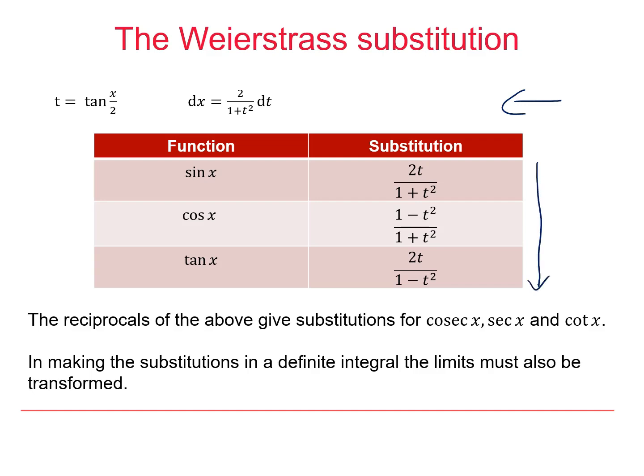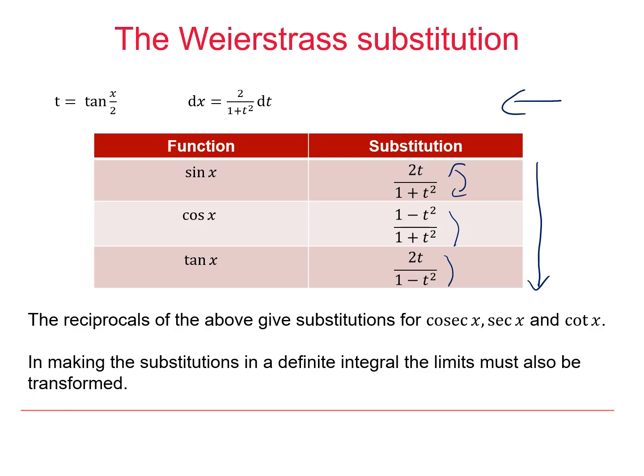So sine x can be changed to 2t over 1 plus t squared and so on. And if you need the reciprocal functions, then you just swap numerator and denominator about. So cosec x would be 1 plus t squared all over 2t, and vice versa for sec and cotan.